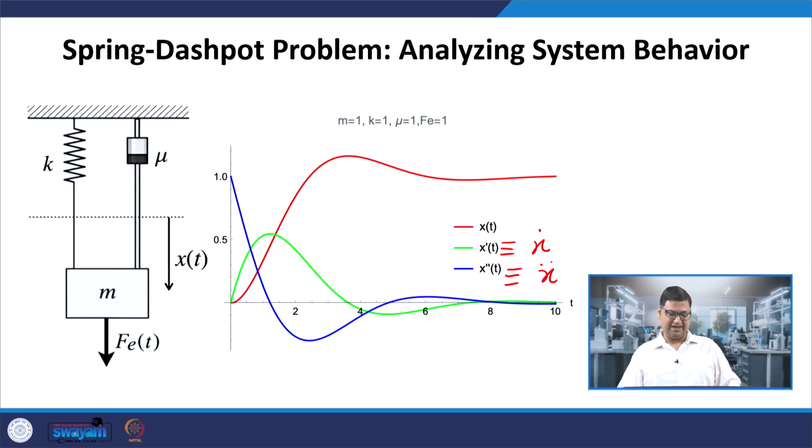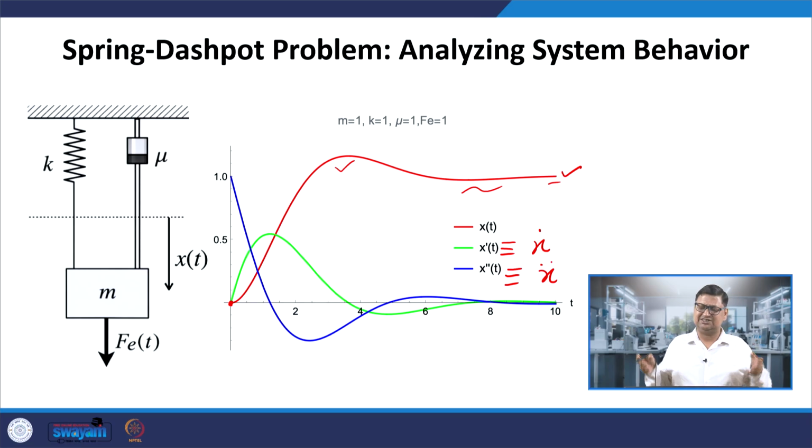So what you see here is, if I look at the displacement, it starts from 0 and it slowly increases. There is some oscillation, but then it eventually settles at a final value, right? If I look at the velocity, the x dot, it picks up. So initially there is an increase in the velocity.